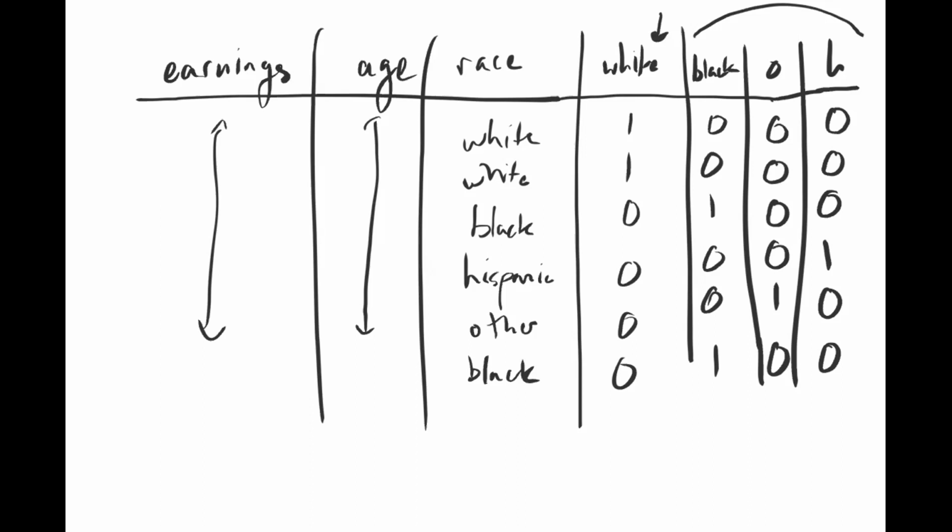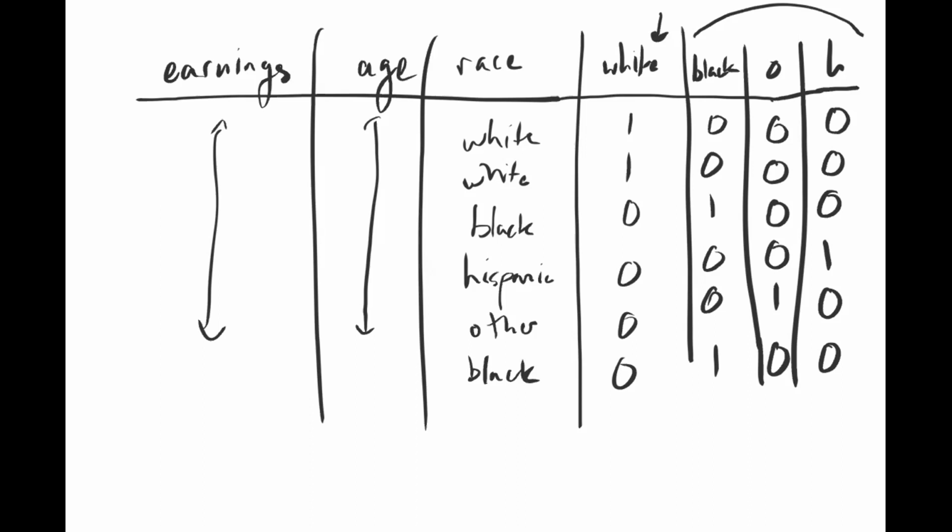That's technically not something you'd be able to represent mathematically. So you always have to drop one, and you're essentially representing the extra variable via the intercept term in your regression. We'll show what that means in our example.